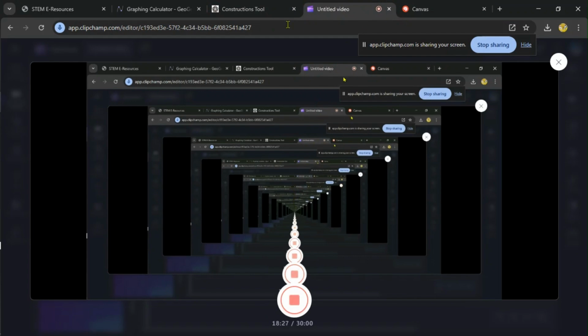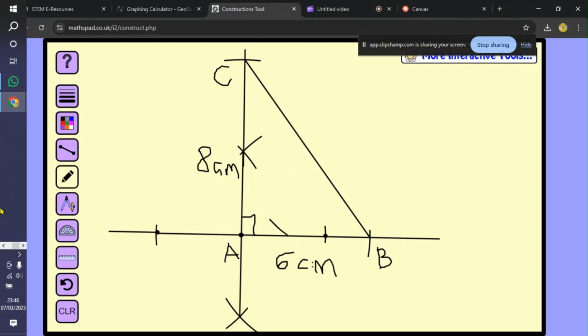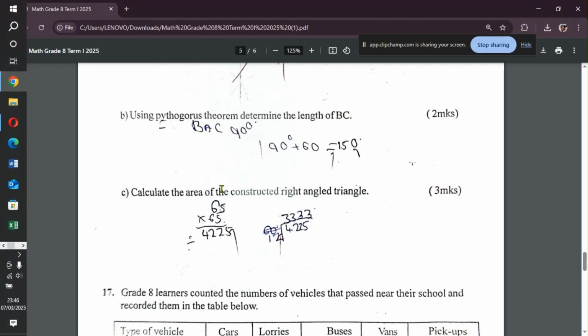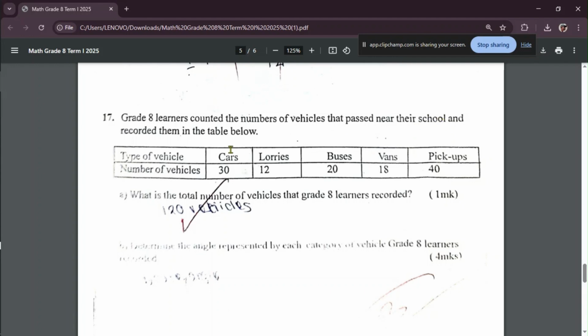The next one was question number 17. Let us read together. Question number 17 reads, Grade 8 learners counted the numbers of vehicles that passed near their school and recorded them in the table below. You have the type of vehicles, cars, lorries, buses, vans, pickups, and the number of these vehicles indicated down here.